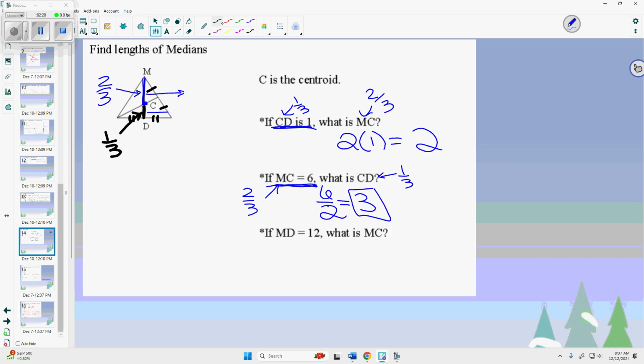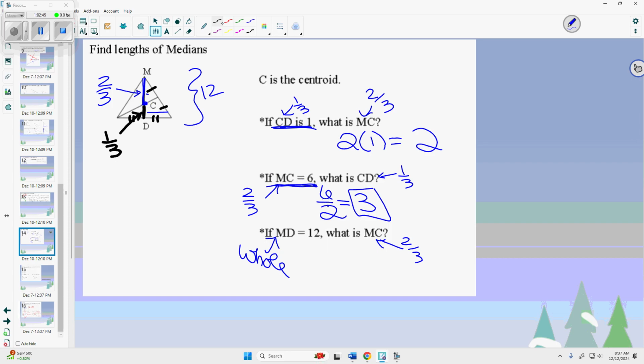The next one gives me MD. This entire thing is 12. So that's the whole. I want MC, the 2/3 part. What do we need to know first? We need to know how much each chunk is, yes?